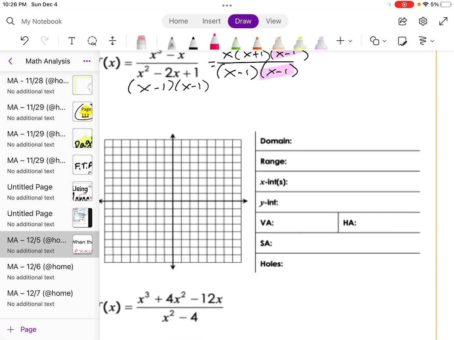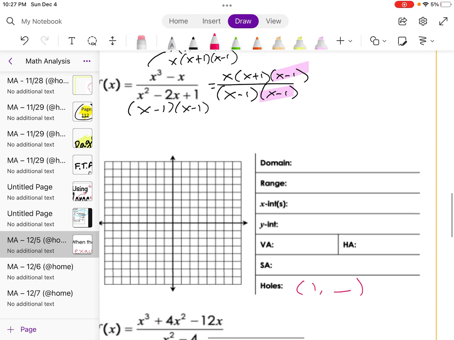We've got some cancellations going on. If I've got cancellations, that means I've got a hole. So I've got a hole at 1 comma something.